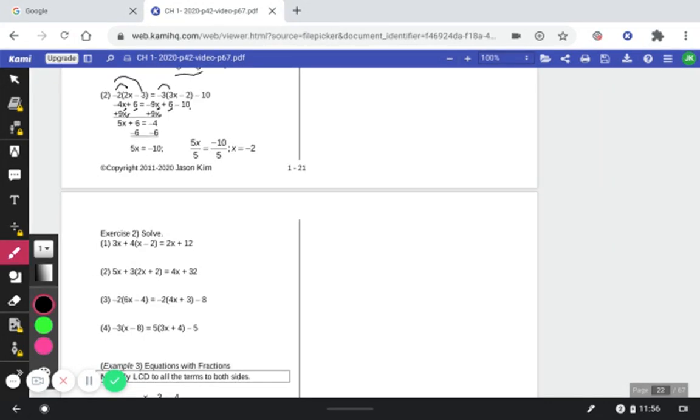Then you end up with 5x plus 6 equals 6 minus 10. 6 minus 10 is negative 4. Okay, I hope you remember 6 minus 10 means keep change, right?